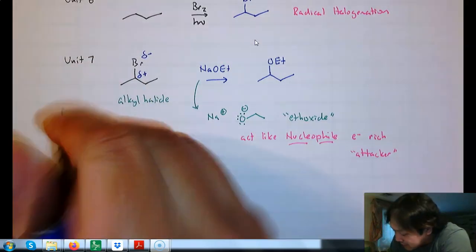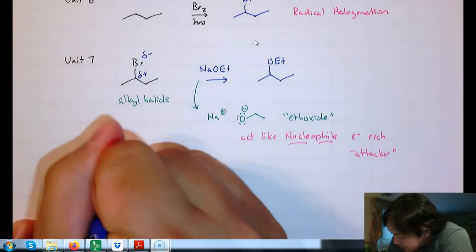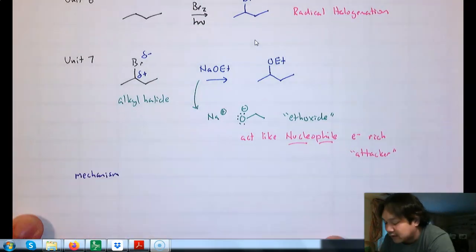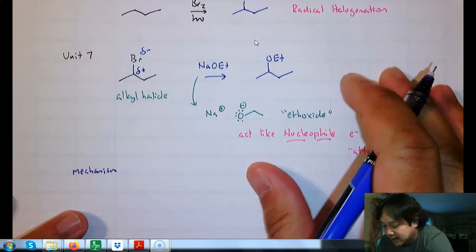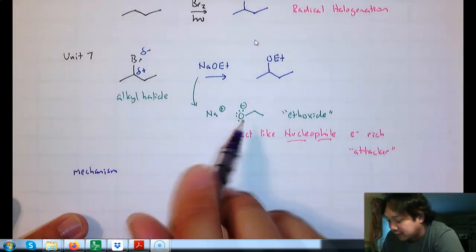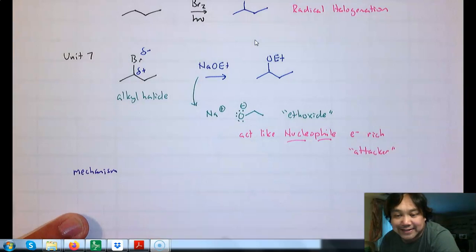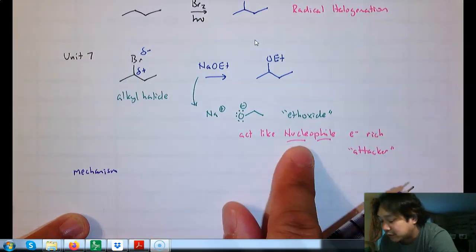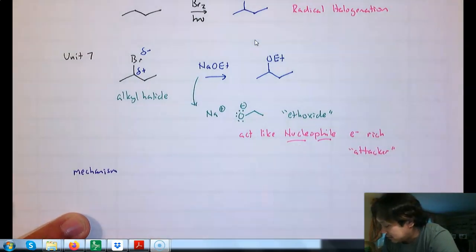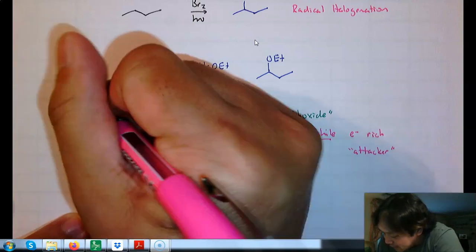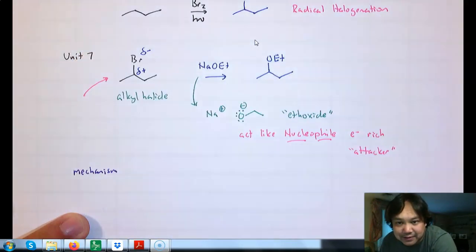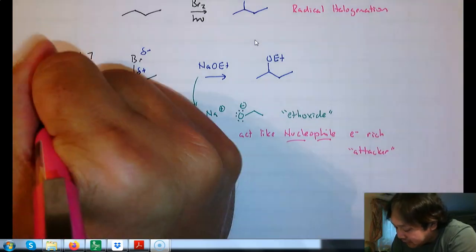So let me show you the mechanism for this one. Again, the main point is that this molecule, the anion, is acting like an attacker. It's acting like what's called the nucleophile. In contrast, this molecule, the one that's being attacked, is the electrophile.